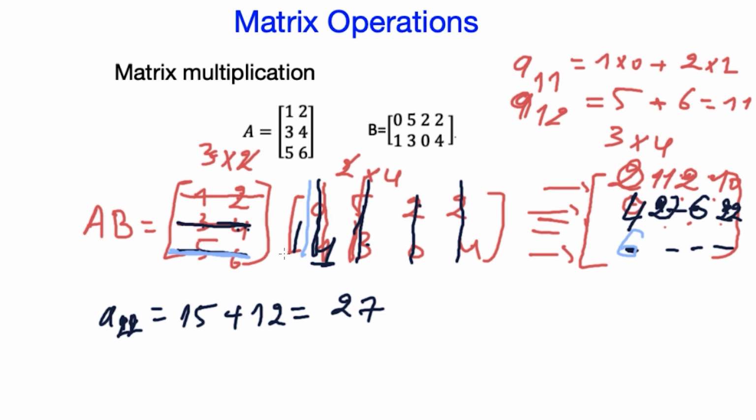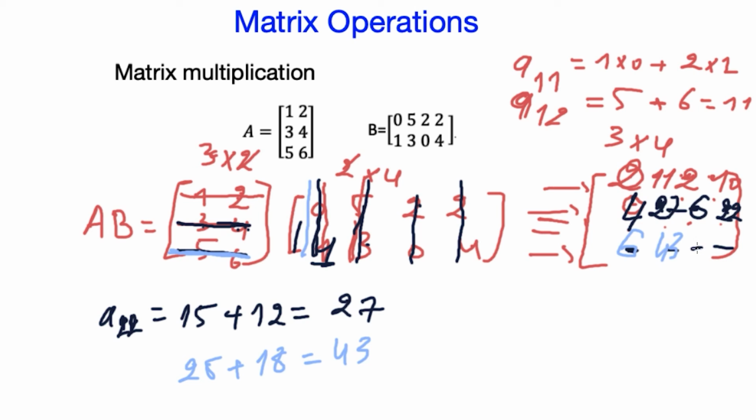And we also multiply this with the second column, so it will be 5 times 5, which is 25, plus 6 times 3, which is 18, so this equals 43.